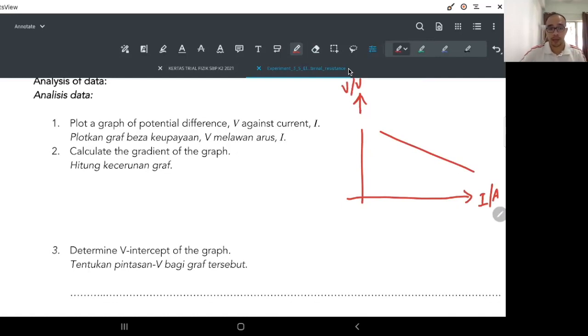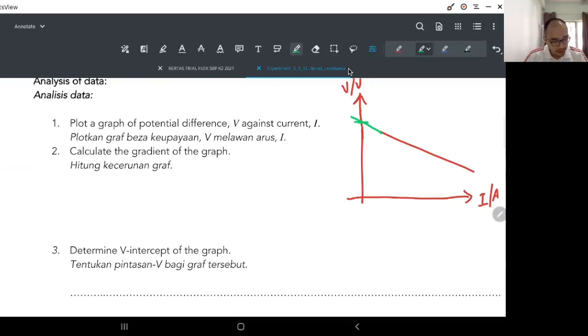Okay, that is kind of like halfway, and there's no pintasan or anything. When you get a graph like this, in the EMF experiment, you need to make sure that there is an intercept. Treat this like a linear law question. It really is like a linear law question. So extend the graph all the way until you get a y-intercept. Must. Okay, then you calculate the gradient of the graph.